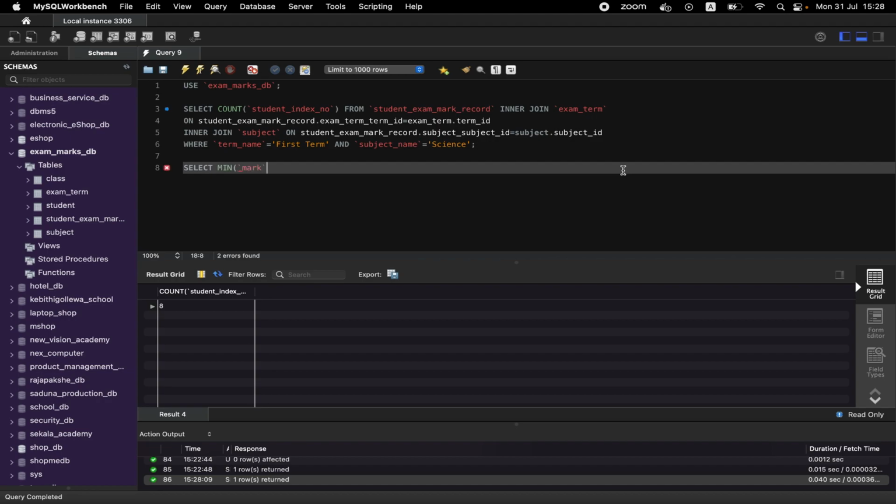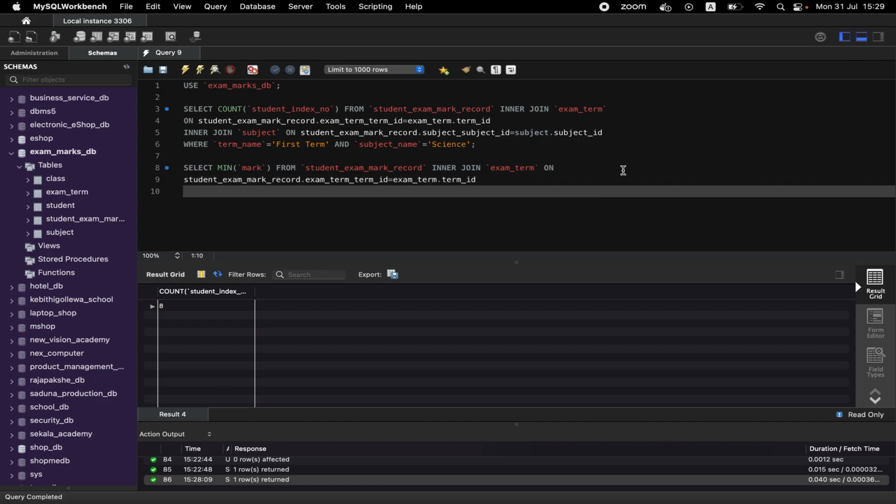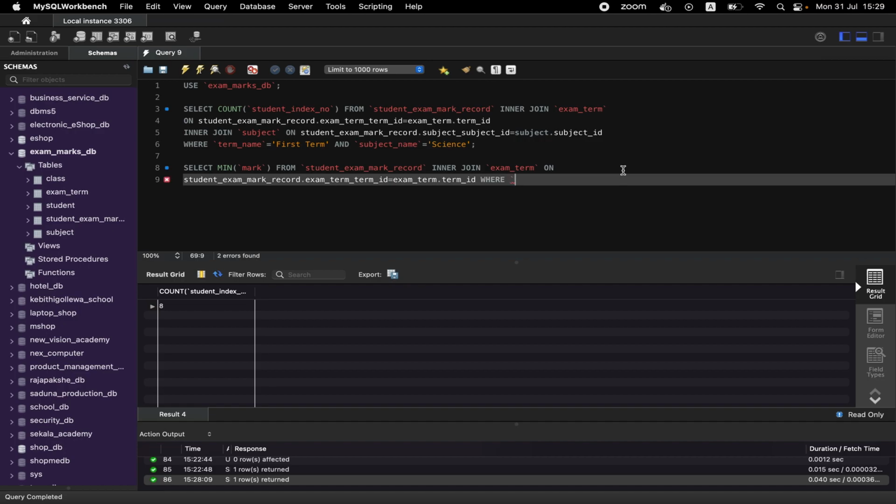So minimum mark from student exam mark record inner join with the exam term table on student exam mark record dot exam underscore term id equal exam term table id, where term name equals first term. The answer is 10.5.